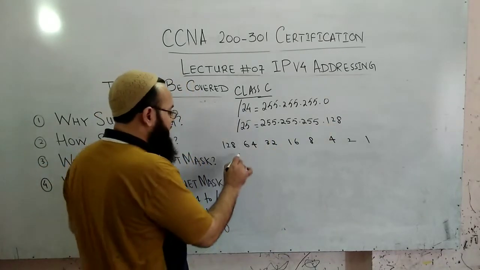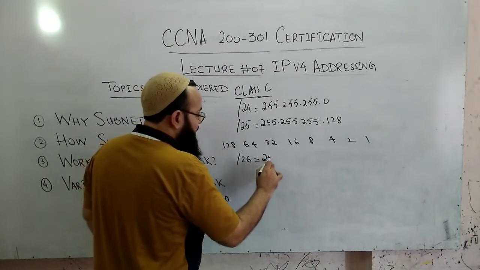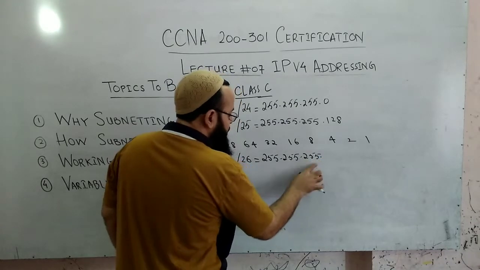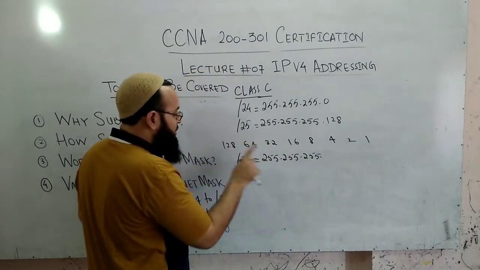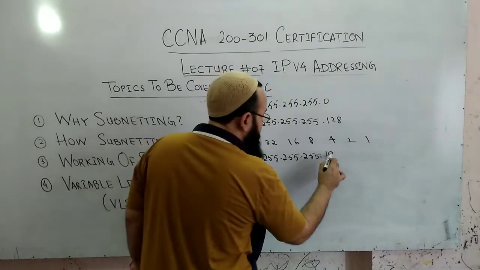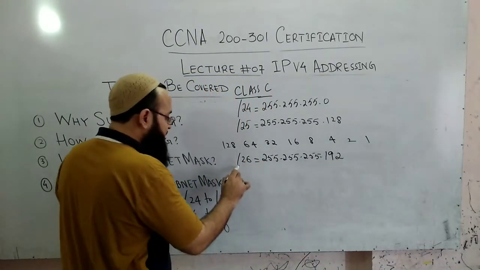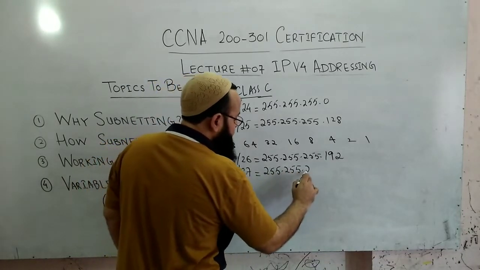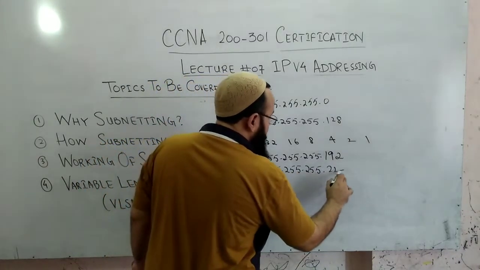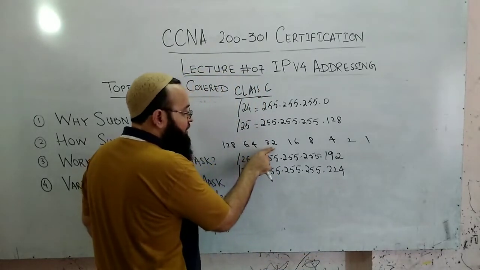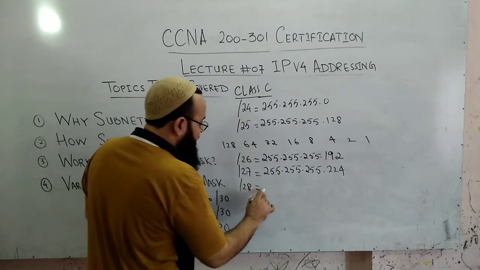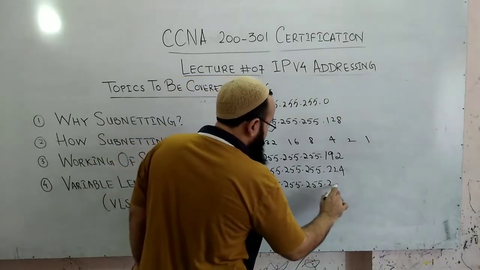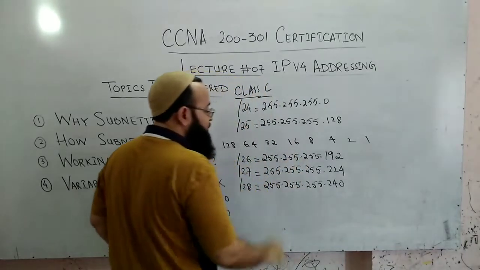255.255.255.128. Similarly, if you have a /26, it means 255.255.255. These are 24 bits, and then 25 and 26. These two will be added, and they become equal to 192. Then /27 will be 255.255.255.224 because you will be involving this 32 also. /28 means 255.255.255 and then 240, because you will be adding this 16 also.